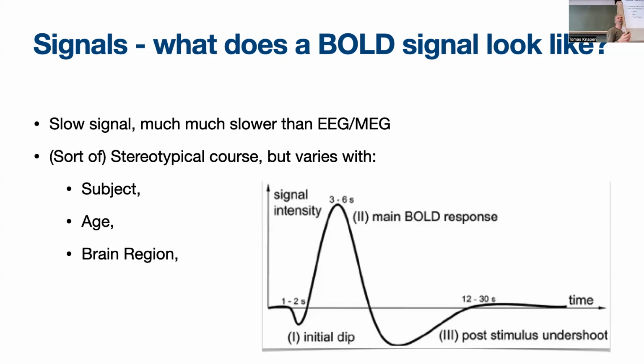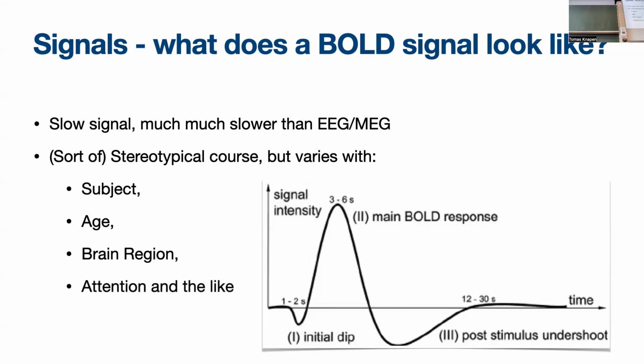Well, we just pretend that we know the bold response there, and we assume that it's the same as it was in the regions that we did have control over, right? So caveat number, I don't know what. I'm going to make a list of caveats at some point. You can see how that can be a problem if you want to look at responses deeper in the brain. So we don't know the shape of this bold response for some brain regions.